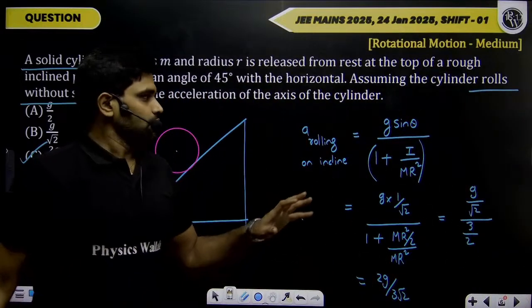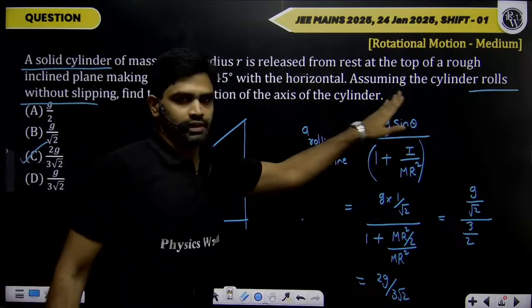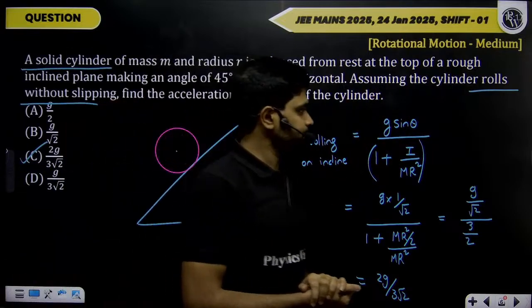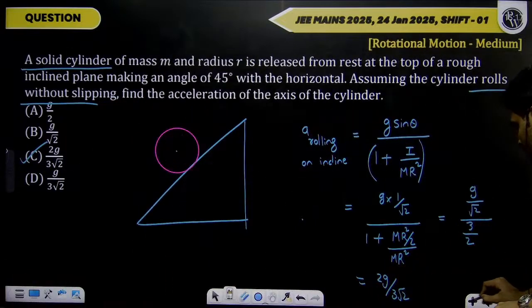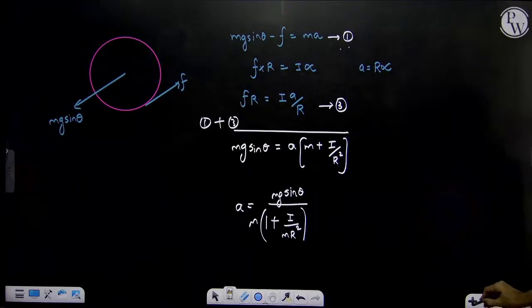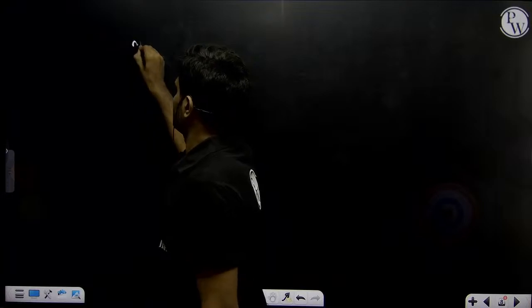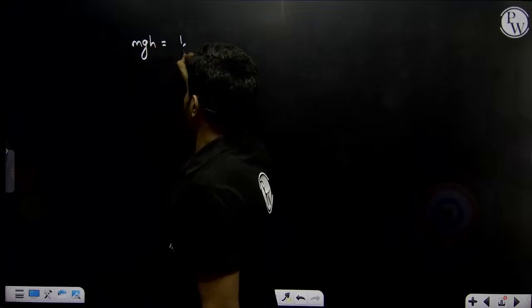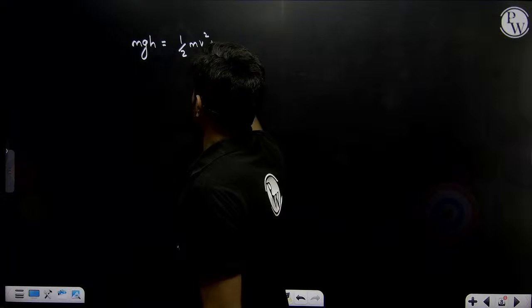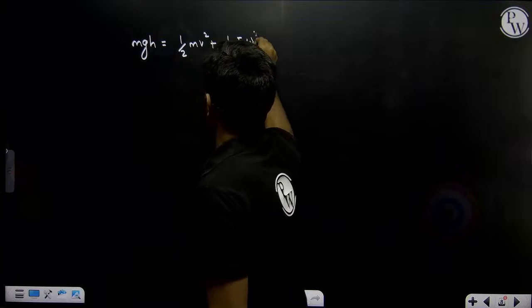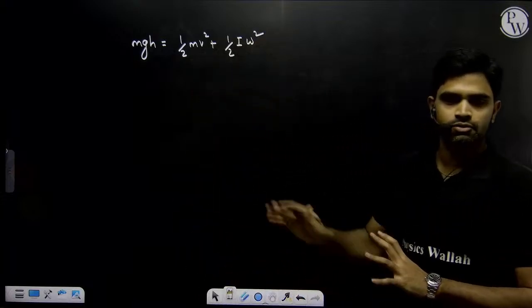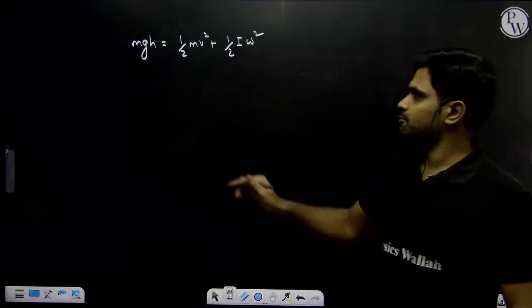So whose acceleration is higher, that will take lesser time. And regarding velocity, how will you find velocity? Velocity is through conservation of energy. mgh is half mv square plus half I omega square. So they can ask this question, velocity when it reaches bottom.